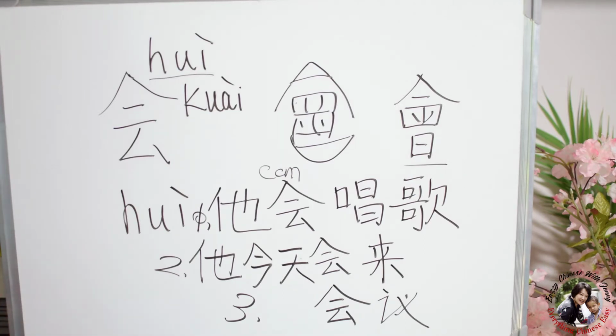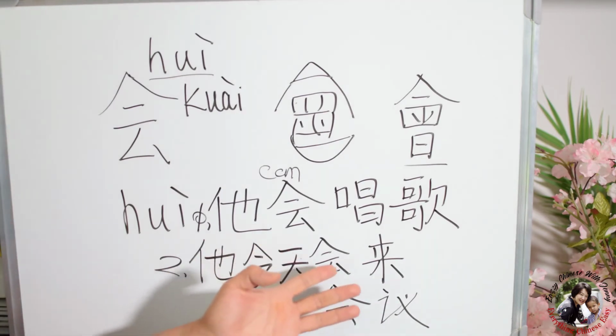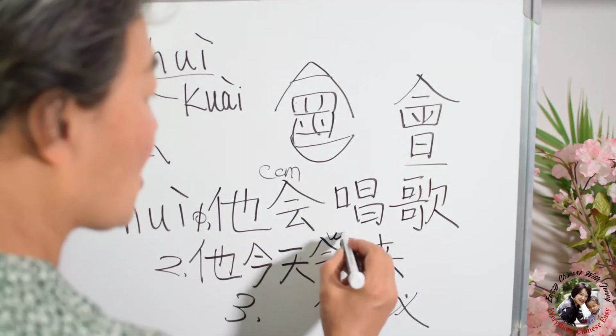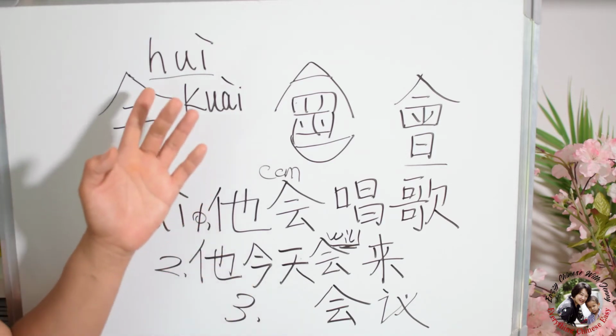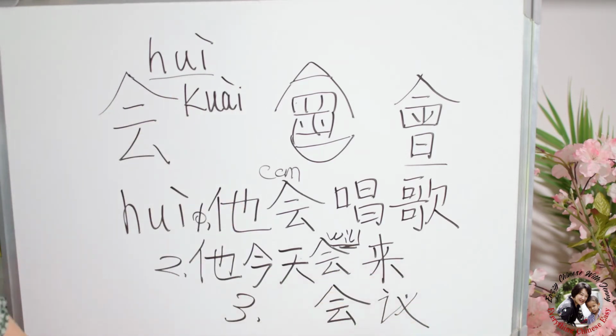He can cook, 他会做饭. 他会踢球. Play football. And second occasion, 会, when you say 他今天会来, he will come today. Will. Future. Something will happen. 会来.